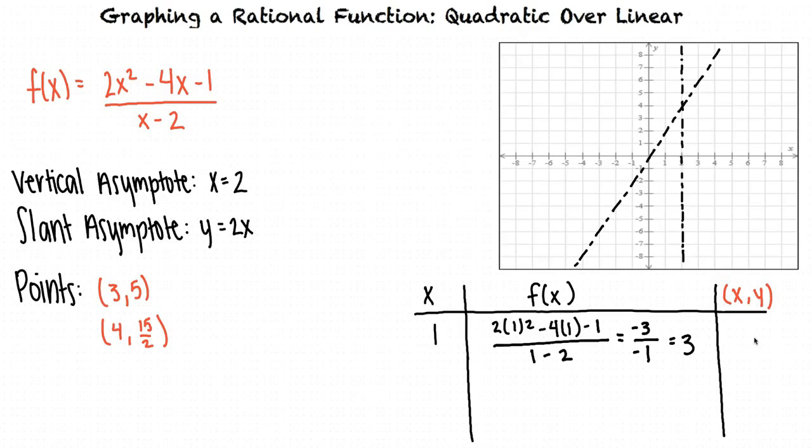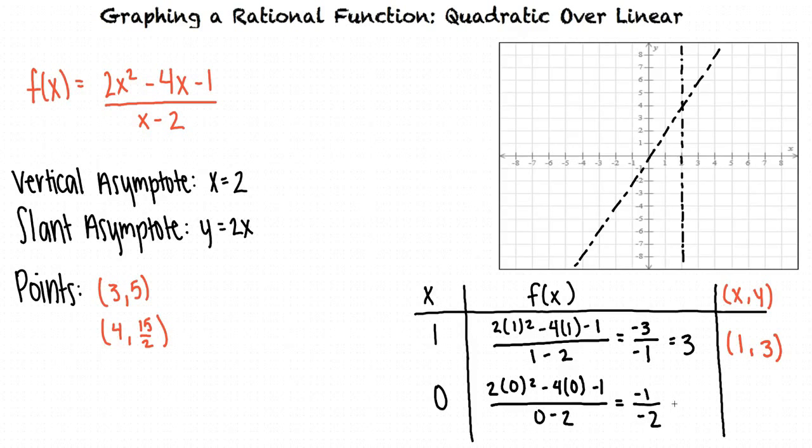This means that one of our points is 1, 3. Next, if we plug 0 into our function, we get -1 in the numerator and -2 in the denominator, and this simplifies to 1/2. So our fourth point is 0, 1/2.